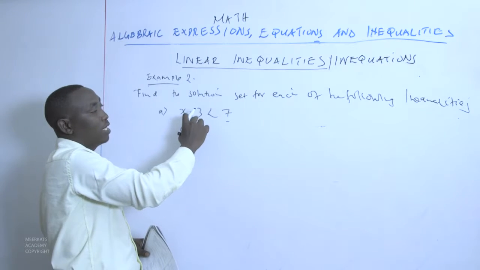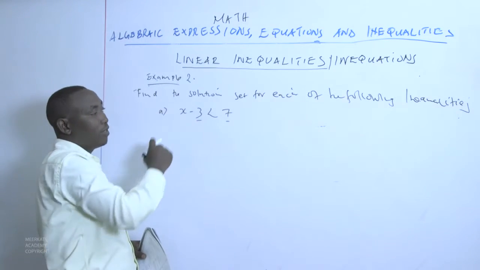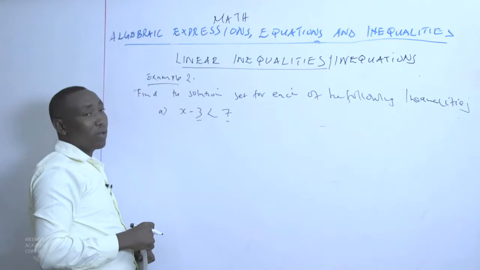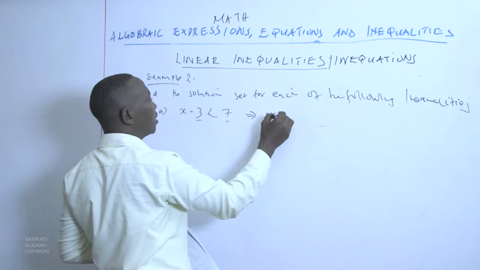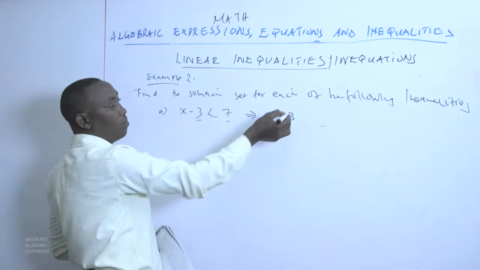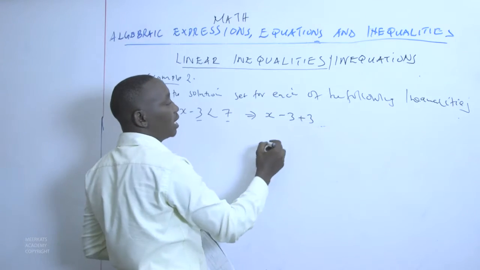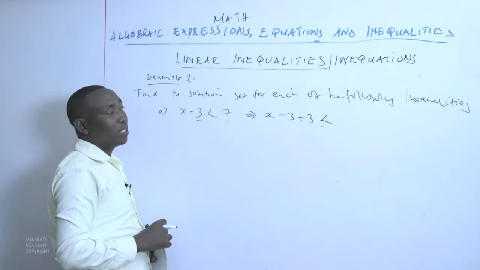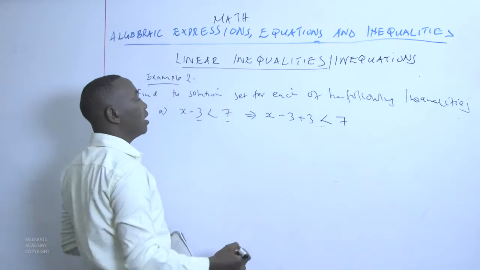Therefore, we're going to take this negative 3 to the other side. So for us to eliminate negative 3 on the left-hand side, we are going to add 3 on both sides. Because we want to eliminate this negative 3, we add a 3 on the left-hand side. Then the inequality symbol remains. Then we have 7 on the other side.